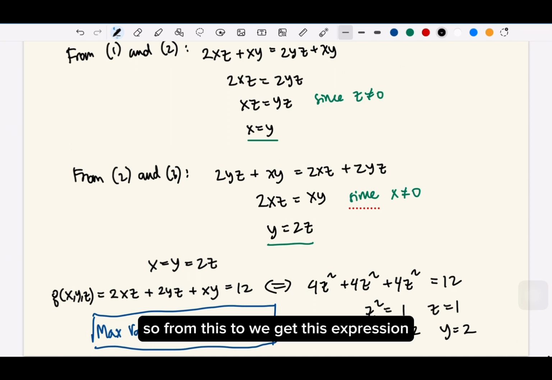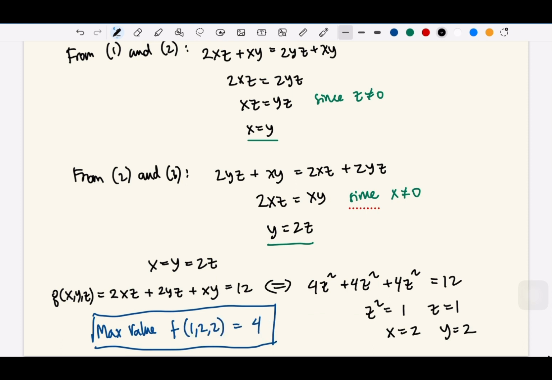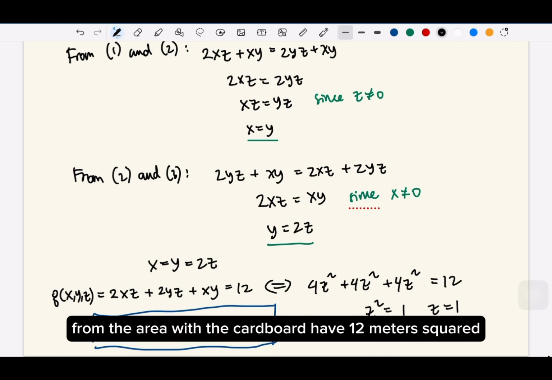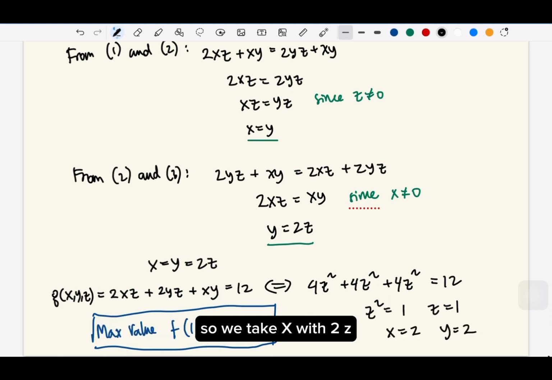So from this, we get this expression, and this is from the area, right? From the area, the cardboard has 12 meters squared. So we change x with 2z, so it will be 4z squared. yz, y is 2z, so 2z, 4z squared again. And then the last one, xy is 2z and another 2z, so 4z squared.